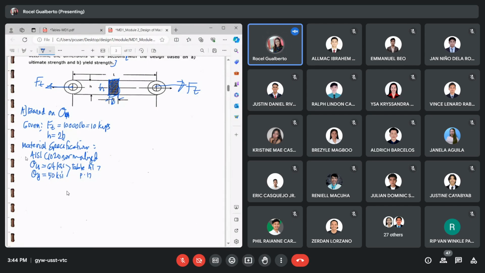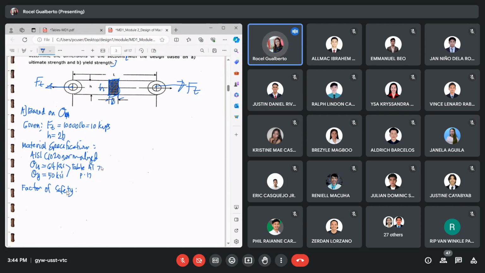Now, we go now to the next step po. That would be the factor of safety. Apply a suitable factor of safety. And then you have to include here yung tatlong conditions. Ano yung tatlong conditions? Una, it would be the kind of load.